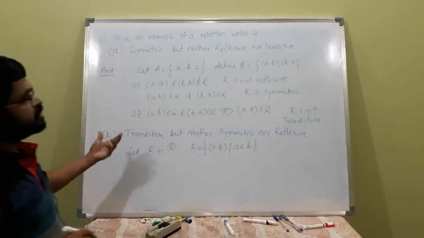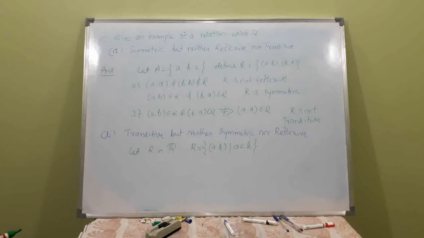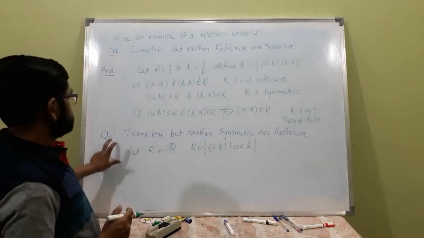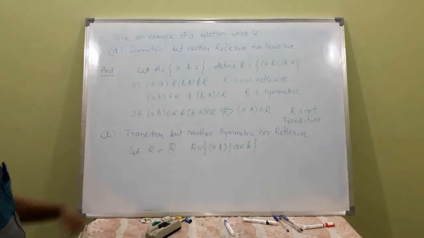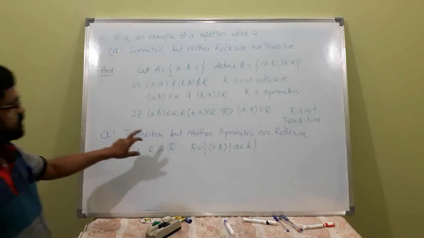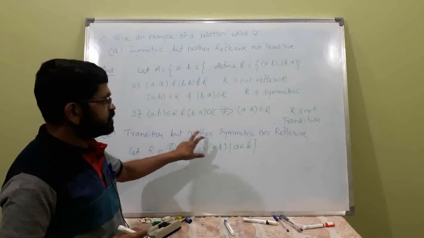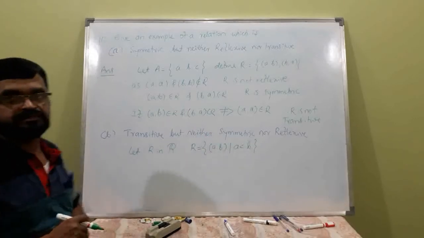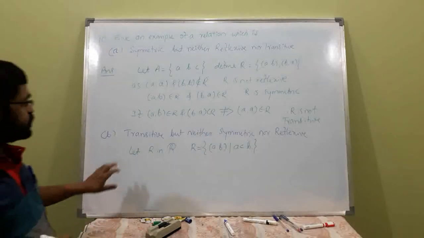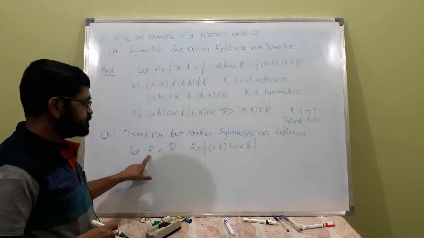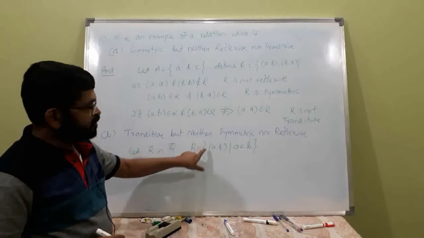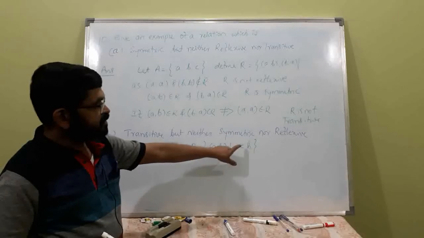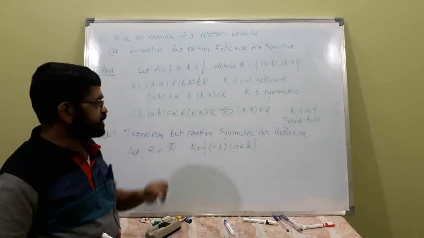You can construct any type of examples, but be careful, that should satisfy the property. Second one, you have to give an example for a relation which is transitive but neither symmetric nor reflexive. Suppose the relation is on the real line, the set of all (a, b) such that a is less than b.